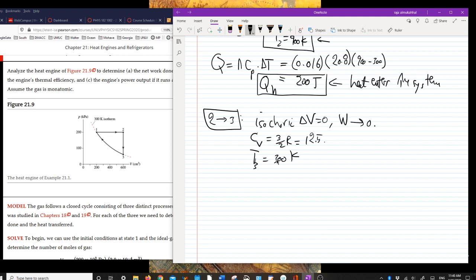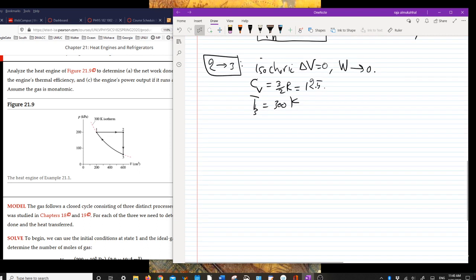Let me calculate that since we're talking about it. Q sub C is equal to n C sub V delta T. That will be 0.016 number of moles, C sub V is 12.5, times delta T, which is 300 minus 900.